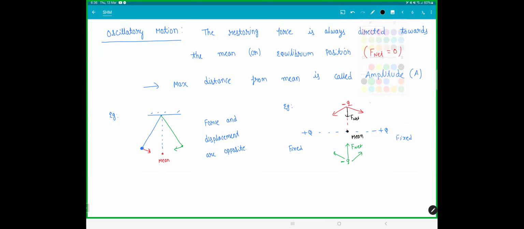So you push the particle up, force is downward. If you push the particle down, then the force is in the opposite direction. So here minus Q oscillates along the perpendicular bisector. These are some examples of oscillatory motion.